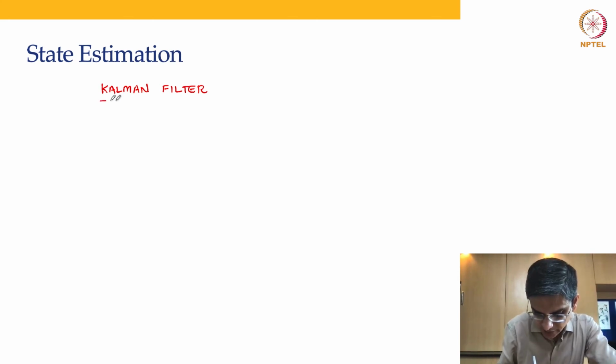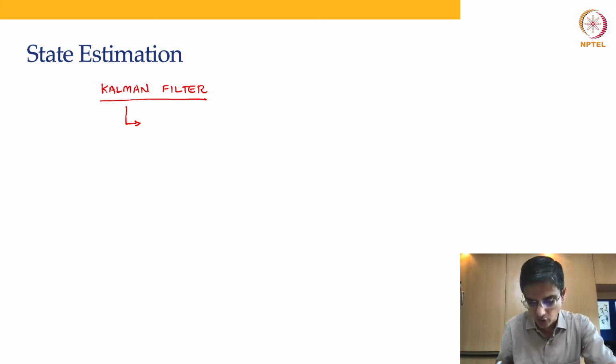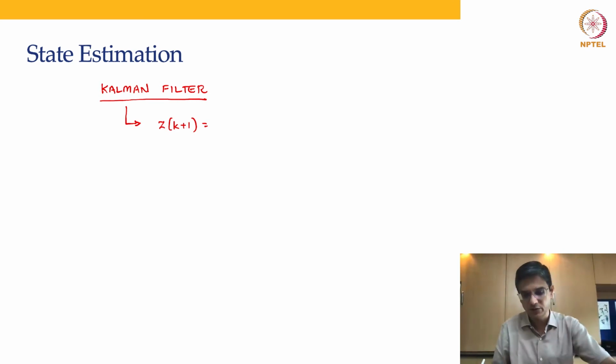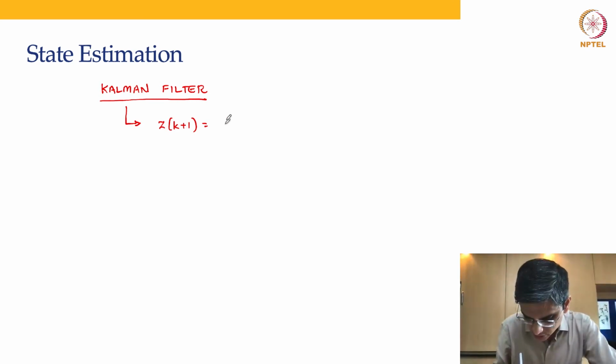Okay, and for the Kalman filter you need to finally be able to write your model in terms of, let's say, z_{k+1}. I'm just using z to distinguish it from x. Okay, so A bar.